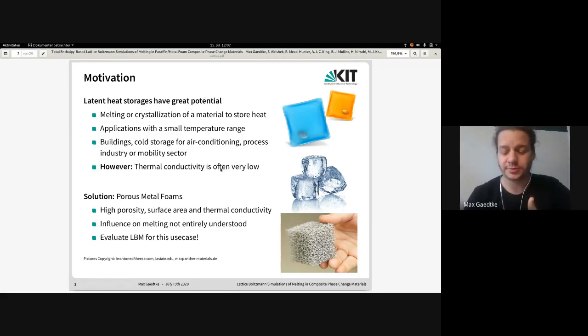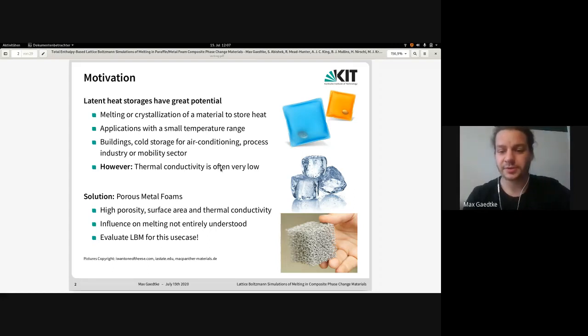How to work with that, or how to prevent that? Our solution is looking into porous metal foams. I've got a little picture here on the bottom right. That's a metal foam. It's made of aluminum oxide in this case. You can make them from other metals and from plastics as well.